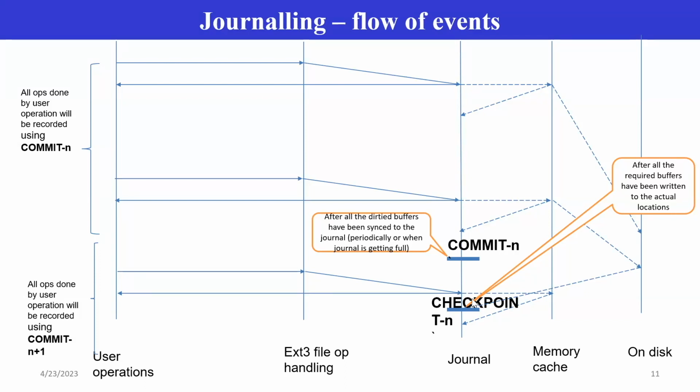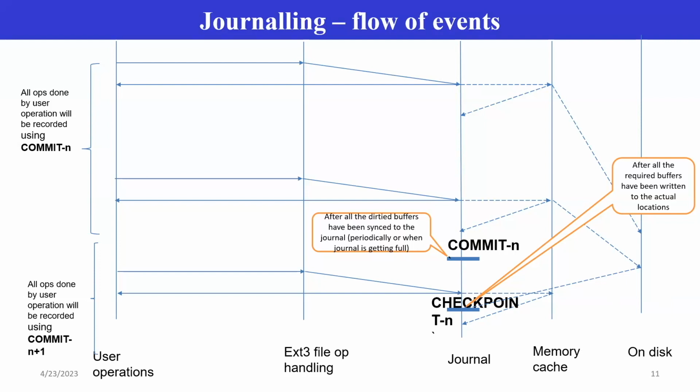Yeah, when I say memory cache, these are the in-core buffers. I should not call them cache, it's a wrong term from my side. I'm sorry about it. It's in-core buffers. Let me correct it. I wrote it wrong. They will be in the main memory, right? It'll be in the main memory.